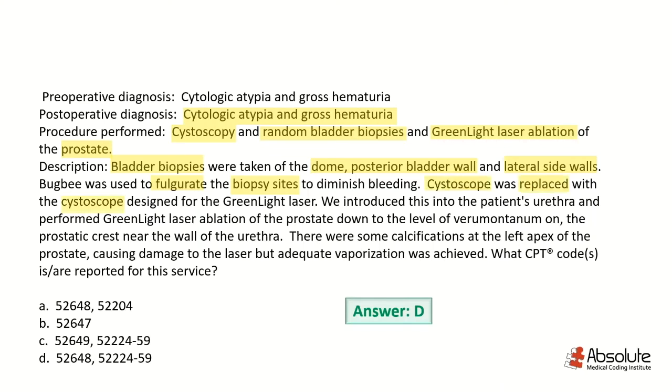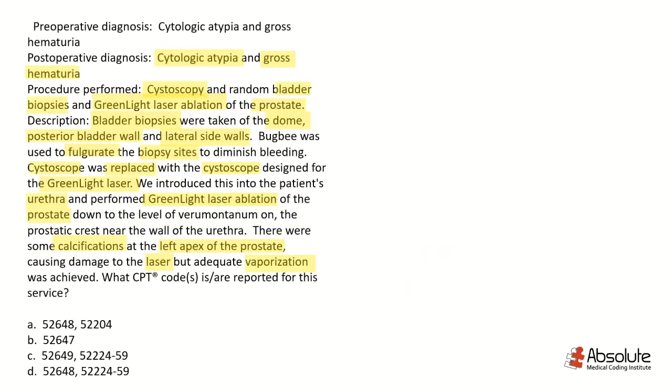The cystoscope was replaced with the cystoscope for the green light laser. Then we introduced into the patient's urethra this green light laser ablation of the prostate. All right. And then we're going all the way down to the wall of the urethra. There are some calcifications of the left apex of the prostate, and vaporization was achieved.